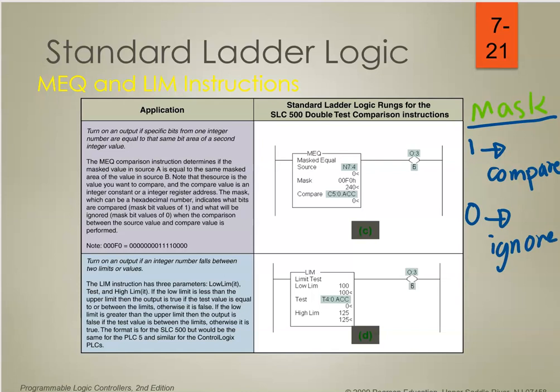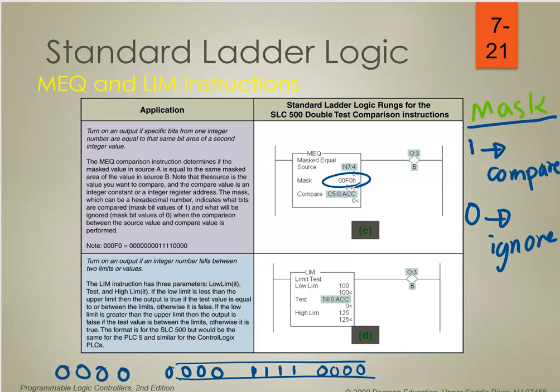Now let's look at here. If you're comparing your integer number at N7:4 with the accumulator value of counter 0, the only bits you need to compare are based on the mask: 0000, then 1111, and then 0000 0000. So these are the only 1 values, and bits number 4, 5, 6, and 7 are the only bits that will be compared in your integer file and your accumulator.